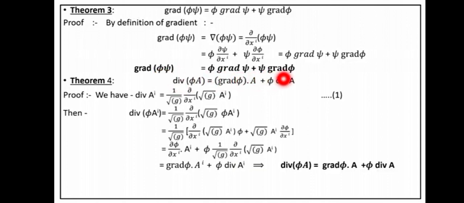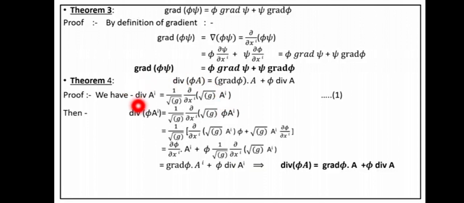So we get gradient of φψ equal to φ gradient ψ plus ψ gradient φ. Now the fourth theorem says that divergence of φa is equal to gradient φ multiplied by a plus φ divergence of a. We know that divergence of a^i is equal to 1 upon root g, ∂/∂xi of (root g a^i).